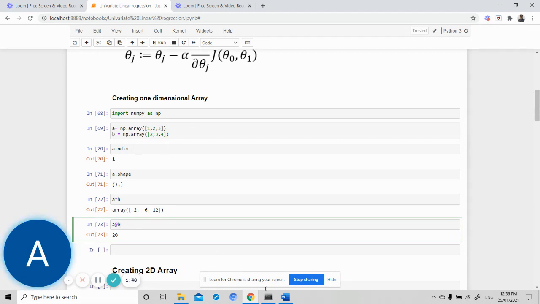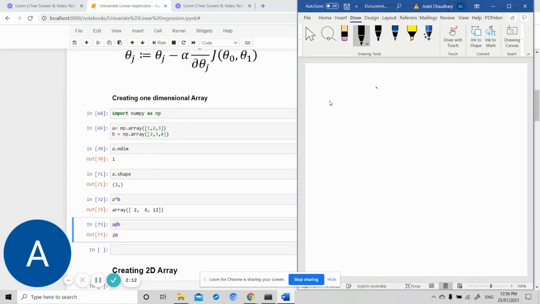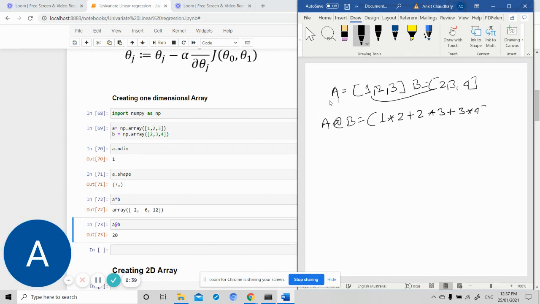So how this is done is, suppose our A is 1, 2, 3 and B is 2, 3, 4. Then A @ B is simply the multiplication of this times this, plus 2 times 3, plus 3 times 4.